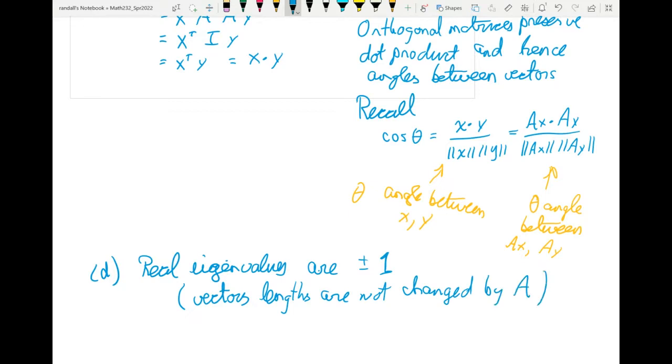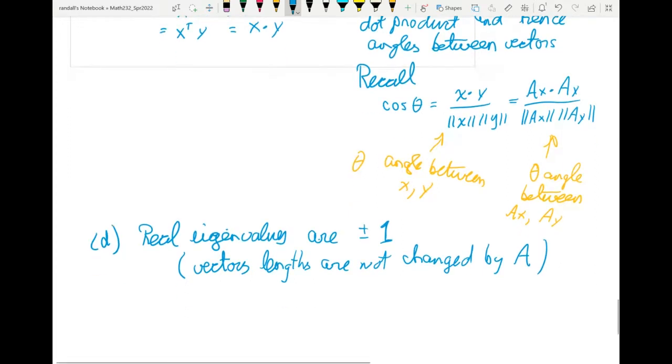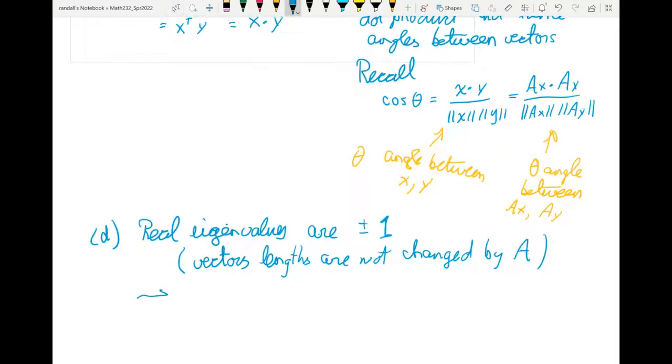If you think about eigenvalues, if they're not plus or minus 1, then the eigenvector's length is being changed. The matrix A doesn't have to have real eigenvalues, but if it does, they're plus or minus 1. And from this, although it's not so obvious at the moment, we can also say that complex eigenvalues have modulus 1.